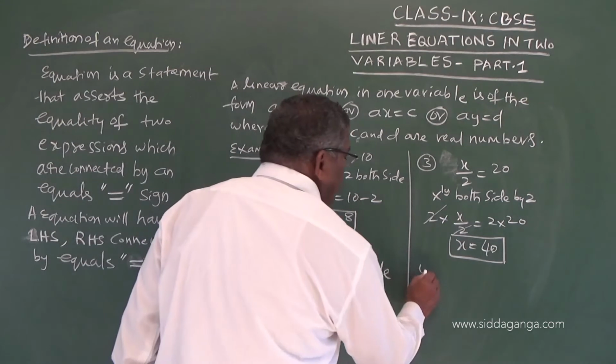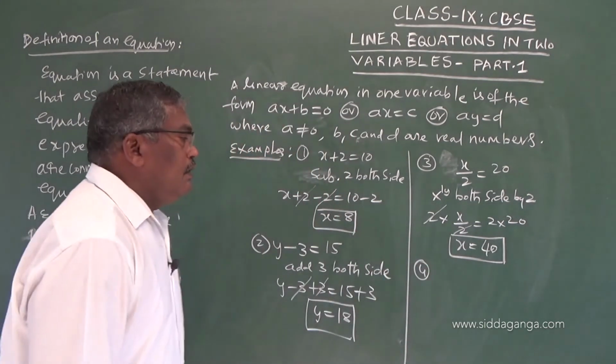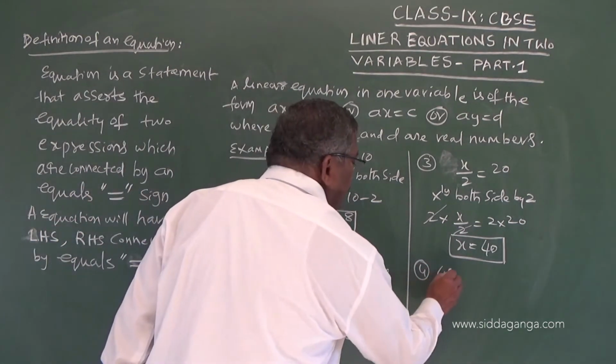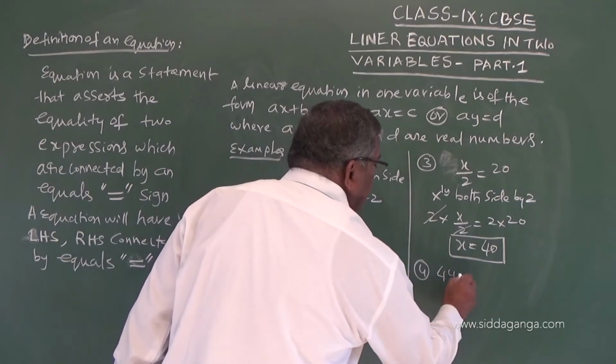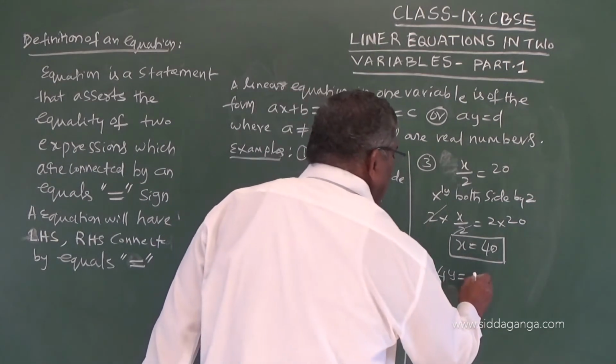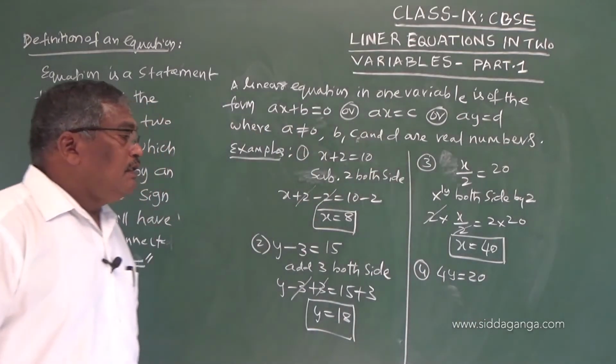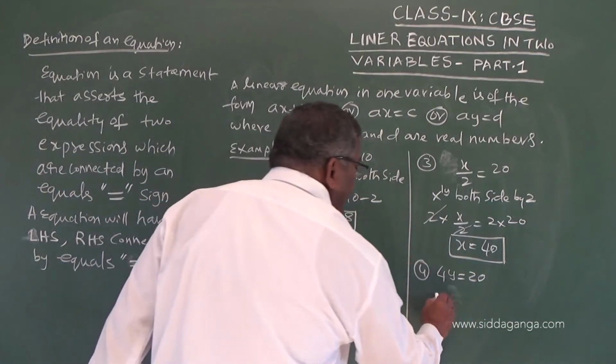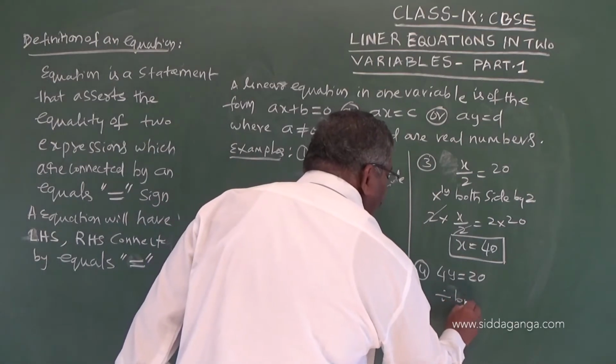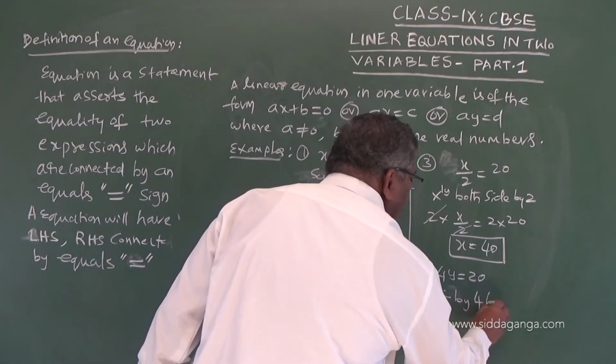And finally, a division example. So let us say 4y equals 20. We don't want 4 here. Divide by 4 both sides.